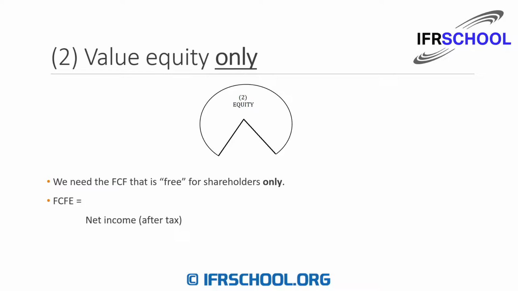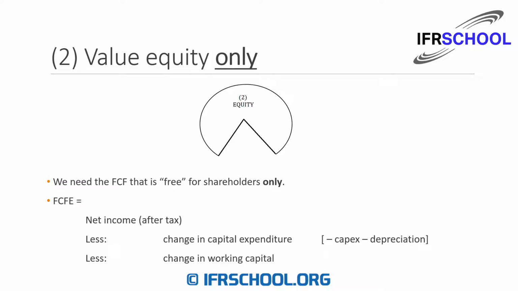Remember, we still have to subtract off the additional investments required to maintain and increase the growth rate. But we can't simply subtract off the totals of the additional investments in non-current assets and working capital. And the reason why is the shareholders have not paid for all of those additional investments.